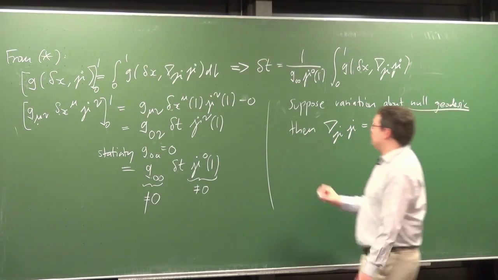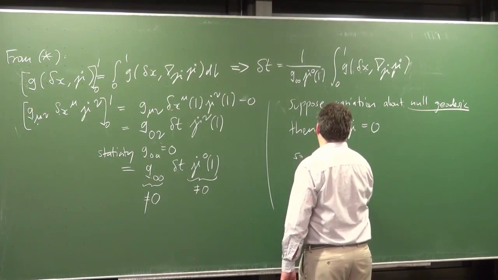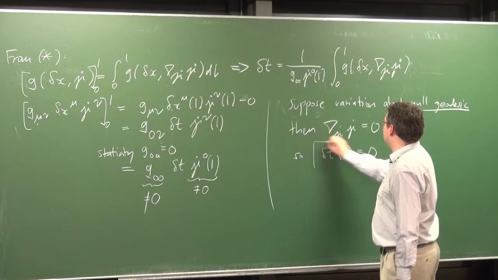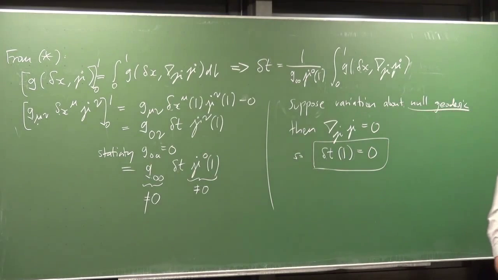So because of the geodesic equation, we see that δt, and remember this was at the end point, is equal to 0. So an innocuous result, but that's actually Fermat's principle for static spacetime, right?